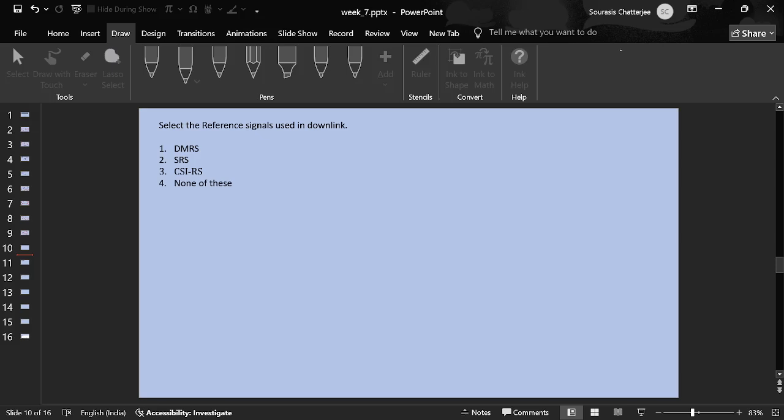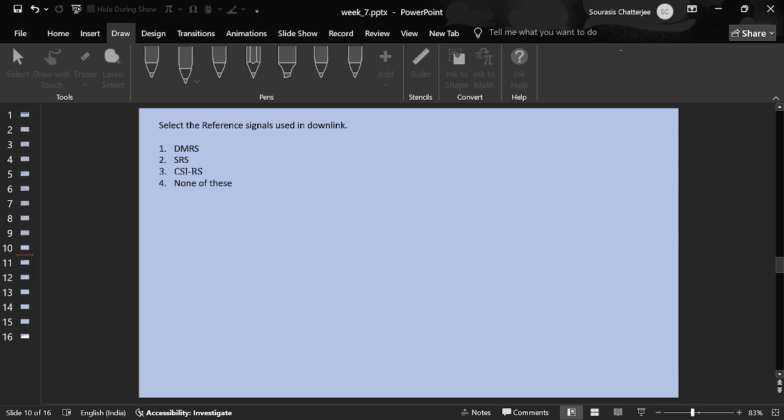So what will happen if that CSI-RS is removed? What will be the issue there? The gNodeB will be preparing the MCS as per the SRS channel. Okay, okay.